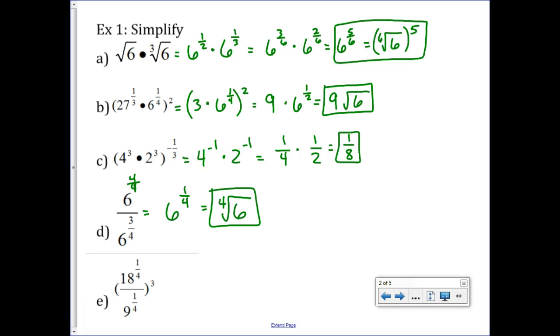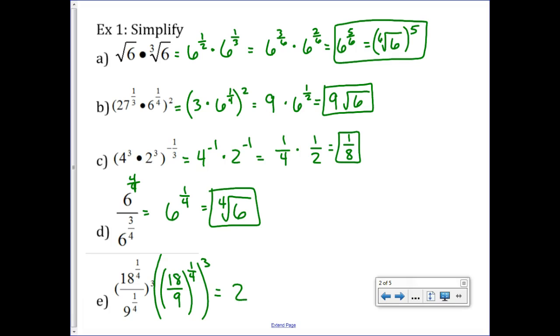All right, then I have 18 to the 1/4 over 9 to the 1/4, all to the 3rd power. The nice thing here is if they're both to the same exponent, we can pull that exponent off. So then I have 18 over 9, both of those to the 1/4 to the 3rd. I'm going to do a couple of things at the same time. 18 divided by 9 is 2.